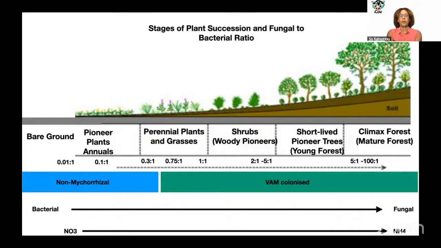We also spoke about how we had nitrates moving up to ammonium, and that change is happening through the cycling, through the microbes in the soil. As you get to a higher fungal dominance, you get more ammonium. And the plants that cannot manage with ammonium cease to grow. So many of your weedy plants, which don't really need ammonium, they need more than nitrates, they change along that way, okay?